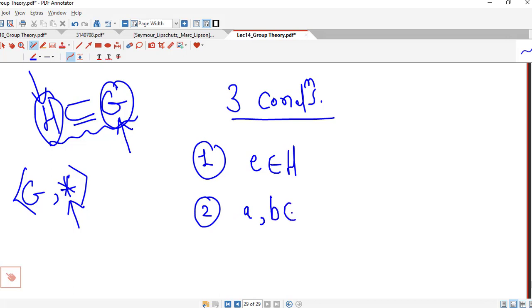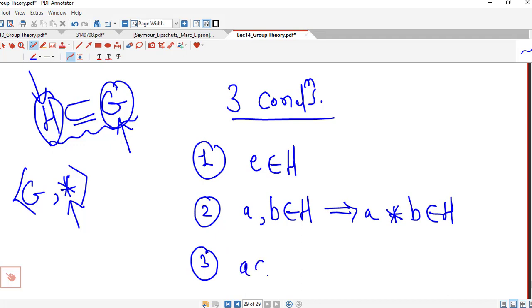That means if we take any two elements a, b in H, then a star b must be in H. And the third requirement is if we take any element in H, then its inverse must be in H.